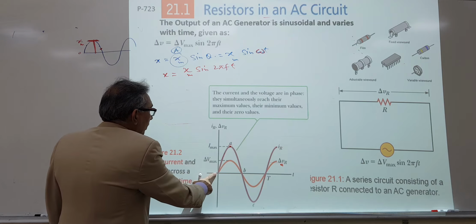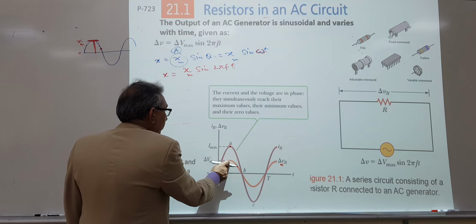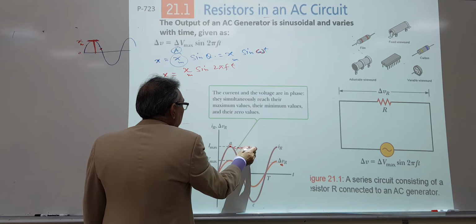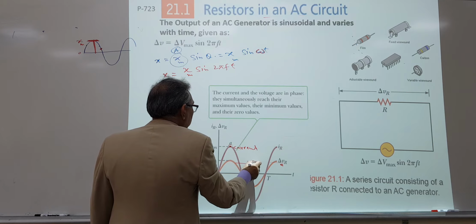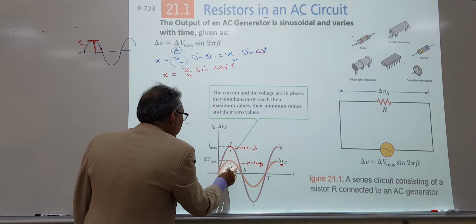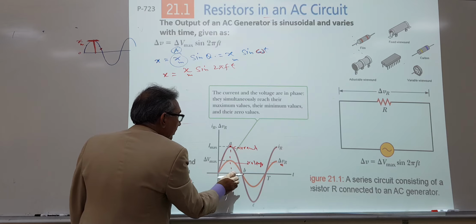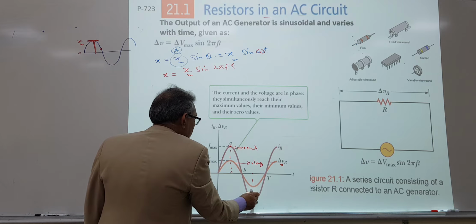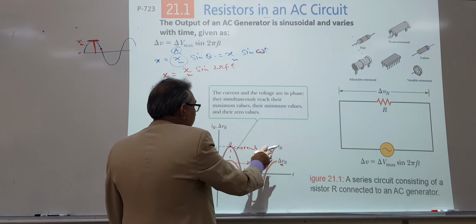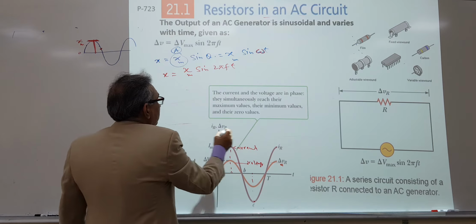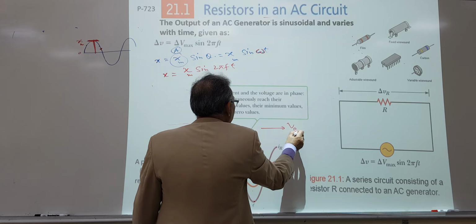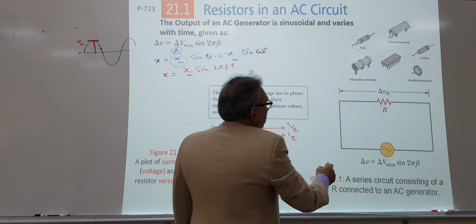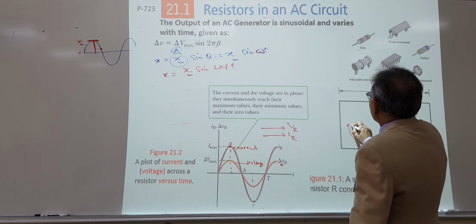So you see both waveforms, for the current and for the voltage, reach their maximum value at the same time. This is the time axis. Even the highest negative value they reach at the same time, and similarly here. So we say that the voltage across resistor R and the current through resistor R are the same in phase.